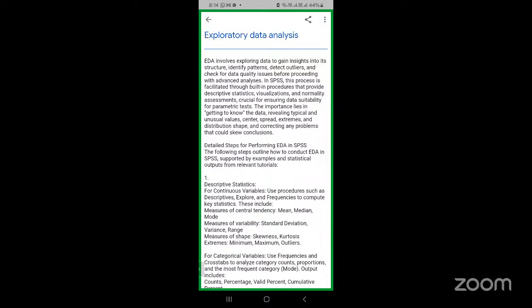Exploratory data analysis involves exploring data to gain insights into its structure, identify patterns, detect outliers, and check for data quality issues before pursuing advanced analysis.